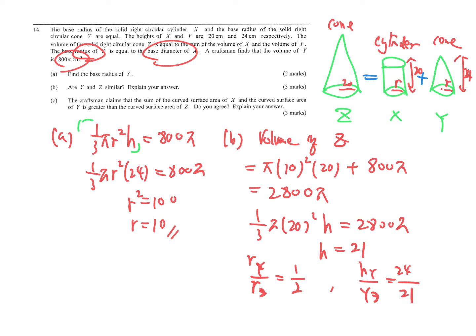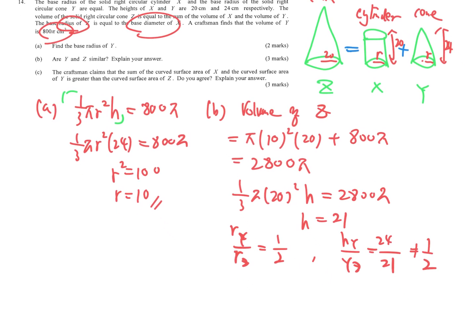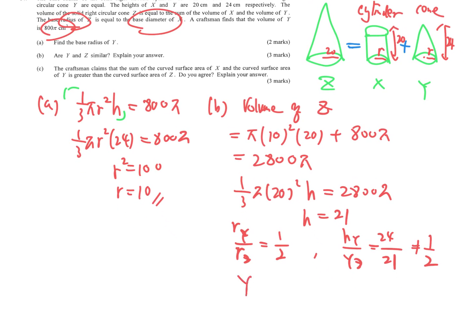So they are not equal. Of course, it's not equal to 1 to 2. So we can conclude that they are not similar. Our conclusion is Y and Z are not similar.